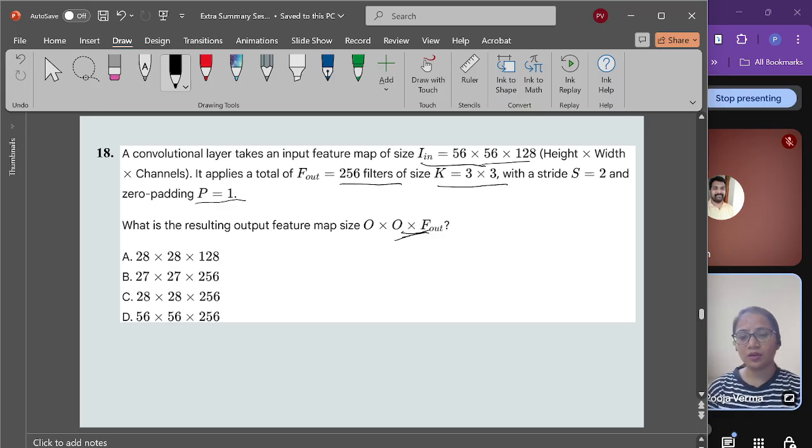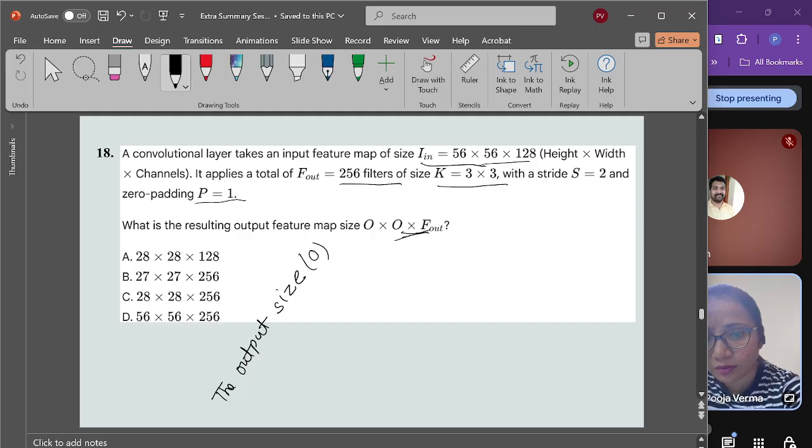So how can we calculate the output size O? You already know that formula. The output size O is calculated by this formula, right?